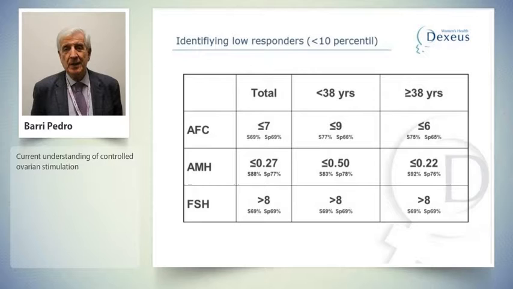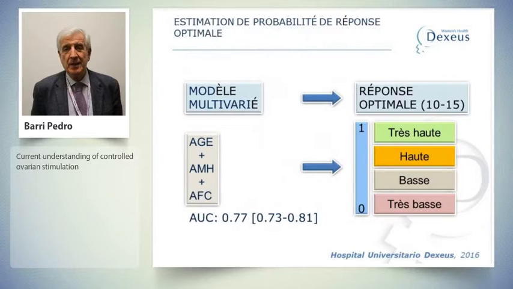And the cutoff values in our own material were 7 follicles in the antral follicle count, AMH below 0.27, and FSH above 8 on day 3, day 5 of the follicular phase. Those patients not fulfilling these criteria were considered as supposed normal responders.